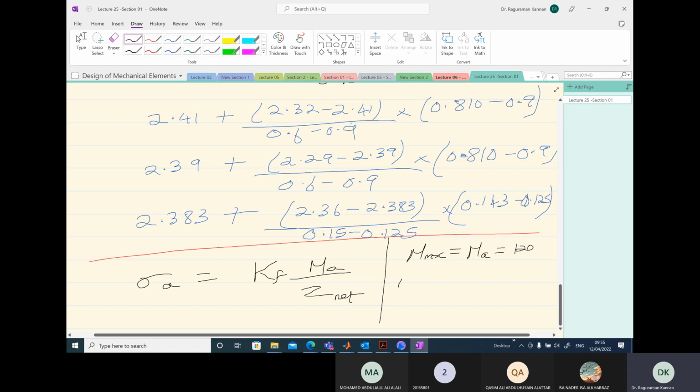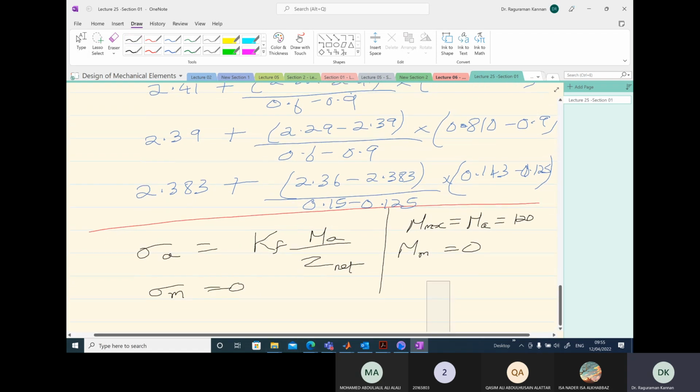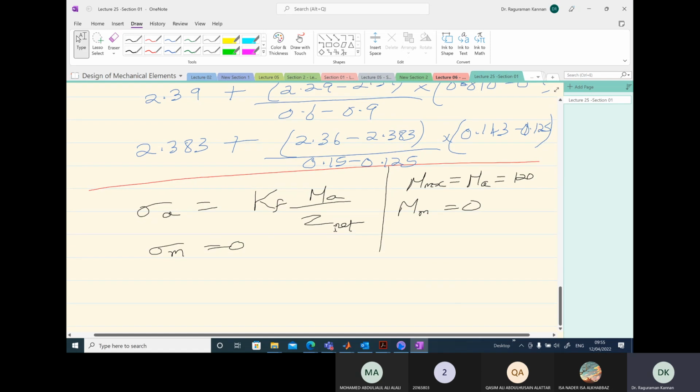Okay, and the mean is equal to 0. That means sigma m is equal to 0. So we can directly calculate. Kf is known, Z net is known.